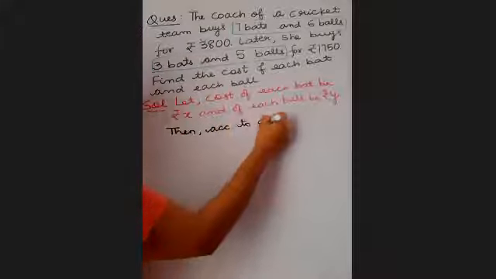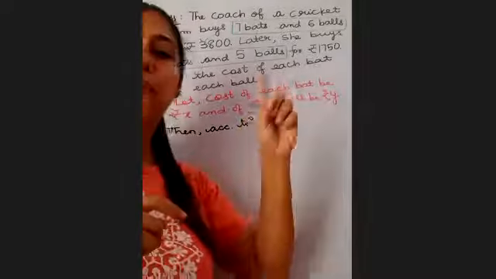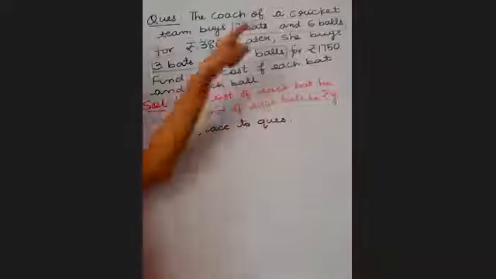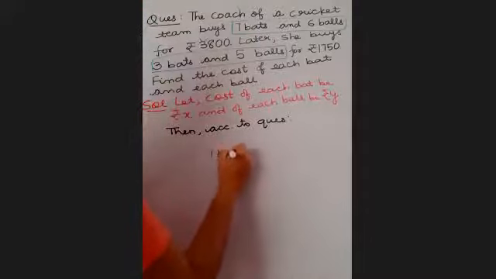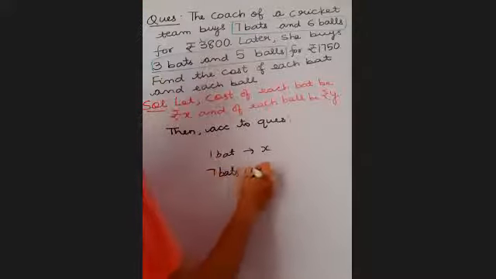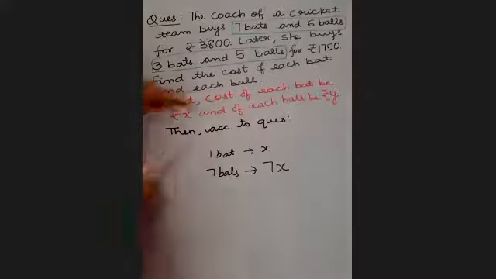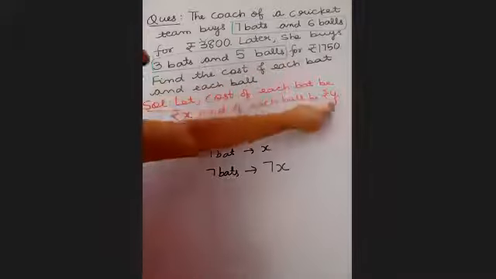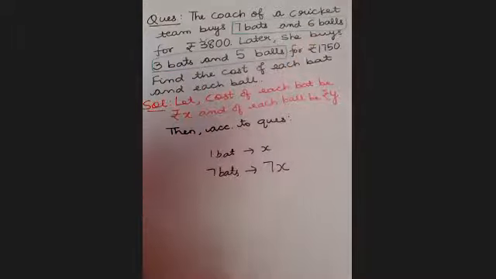According to the question, tell me, if the cost of 1 bat is rupees X, what would be the cost of 7 bats? 7x. If the cost of 1 ball is rupees Y, what will be the cost of 6 balls? 6y.